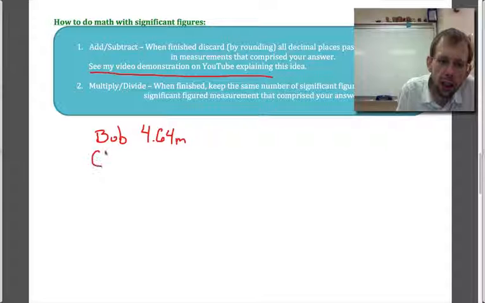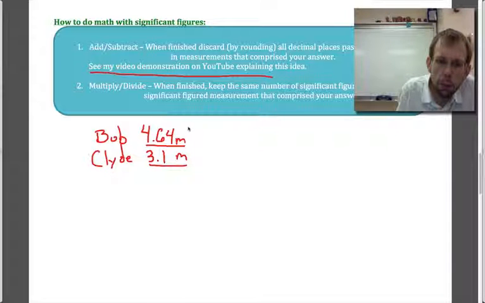And Clyde, what a great name, Clyde uses a different measuring device, and he wants to add to this. Let's say that's the length of a steel beam they're building a building. And Clyde has a crappy measuring tape that day, and his measuring tape only measures out 3.1 meters. Okay? And they're going to weld these two bars together.